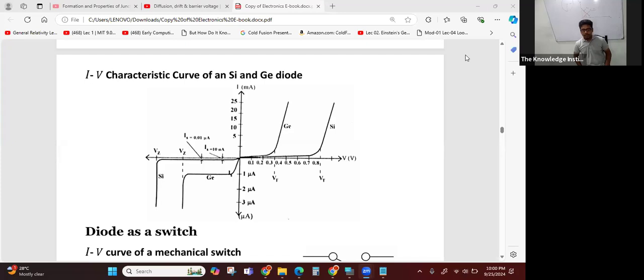What we discussed today is very important if you want to understand diodes and transistors, even solar cells. The mechanism we discussed today is the underlying principle of solar cells, because solar cells are made of semiconductor materials like silicon. If you take a silicon lattice, it's black in color.